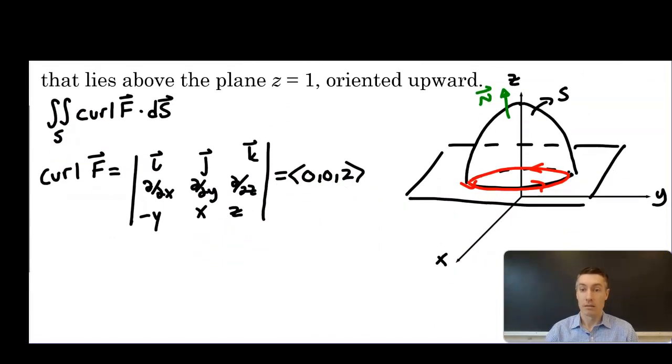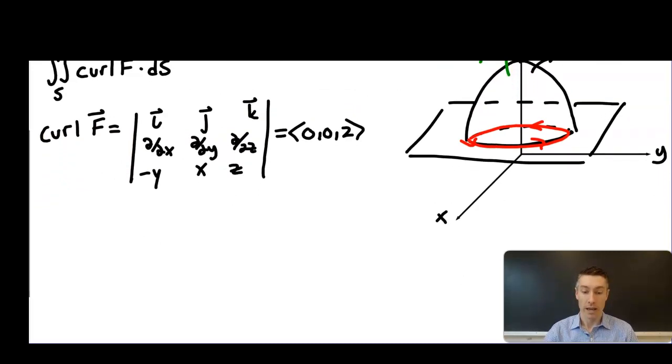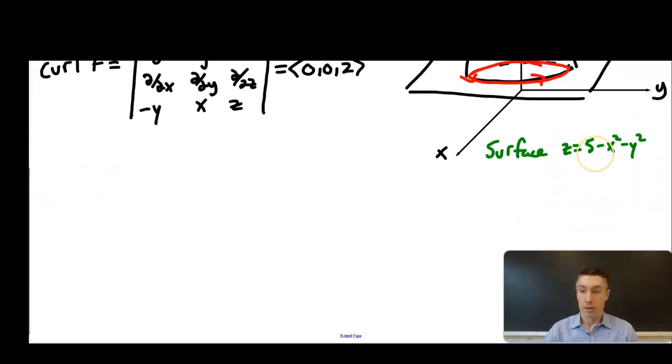Next thing we need is that normal vector that orients the surface. Okay, so our surface is z = 5 − x² − y². That's the surface that we're focused on. So since we can use a trivial parameterization, well then let's just define the function g(x, y, z) to be x² + y² + z − 5.